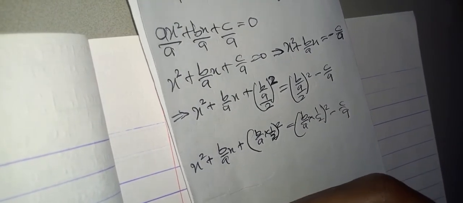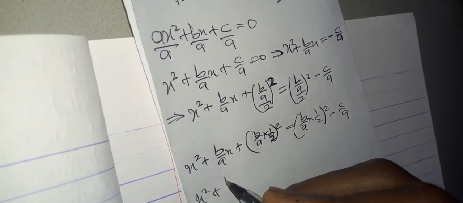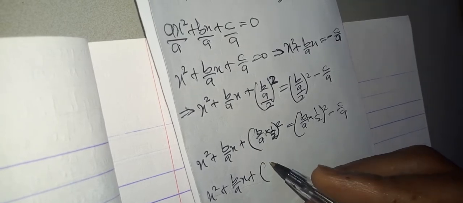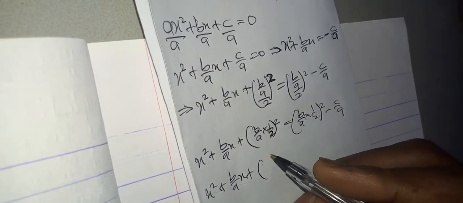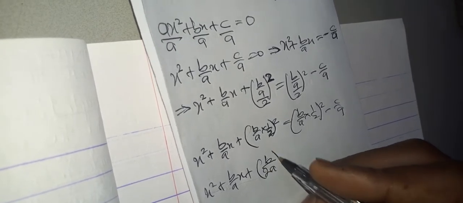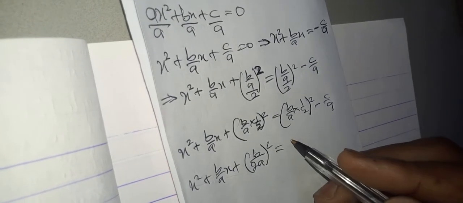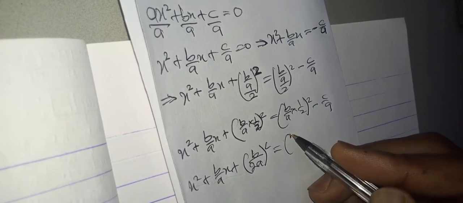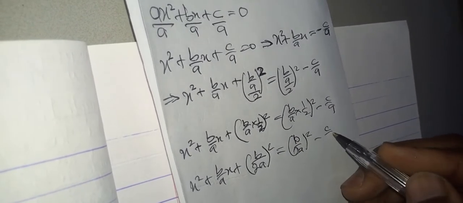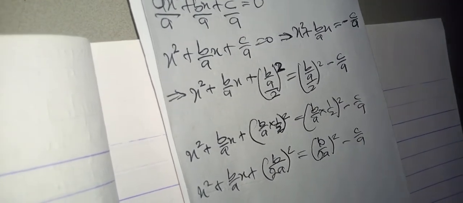Now, we are going to have s squared plus b over a s plus, in bracket, when we simplify this, we are going to have b over 2a all squared is equal to b over 2a all squared minus c over a. Sorry.